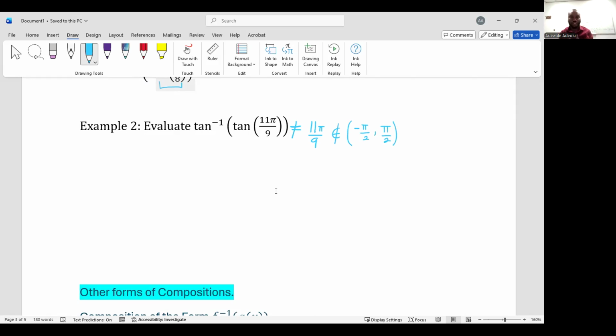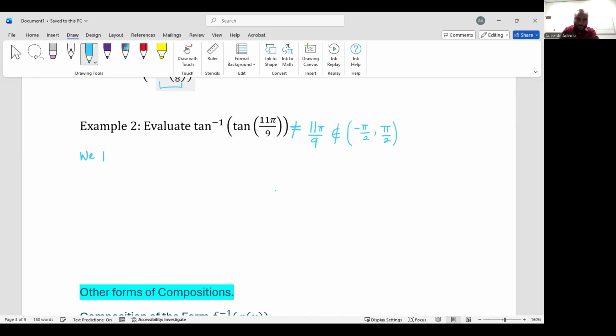Now, what do we need to do? We need to find another angle. One way to do that, we cannot find pi over 9 in the unit circle. It is not a special angle. Well, we can do this.